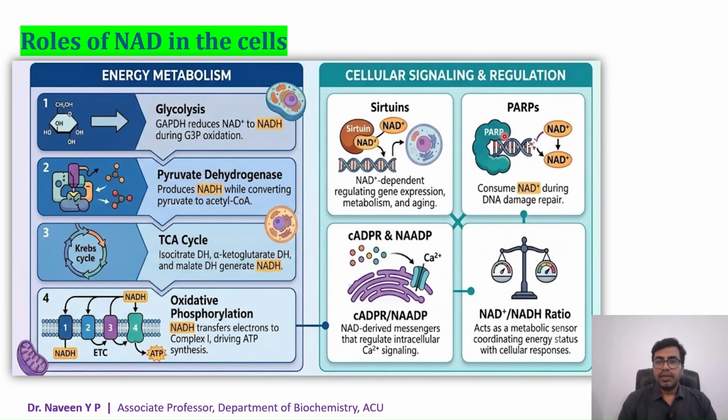Now another group of regulatory proteins are called PARPs, poly ADP ribose polymerases.